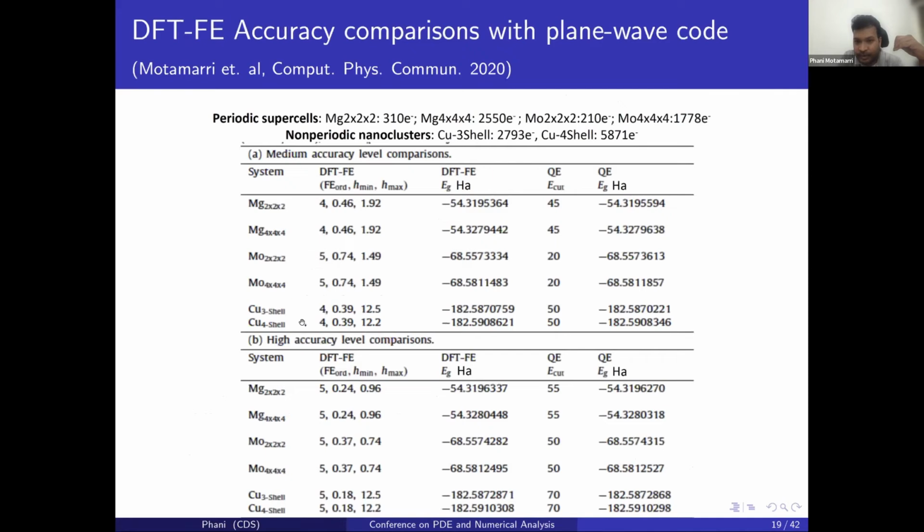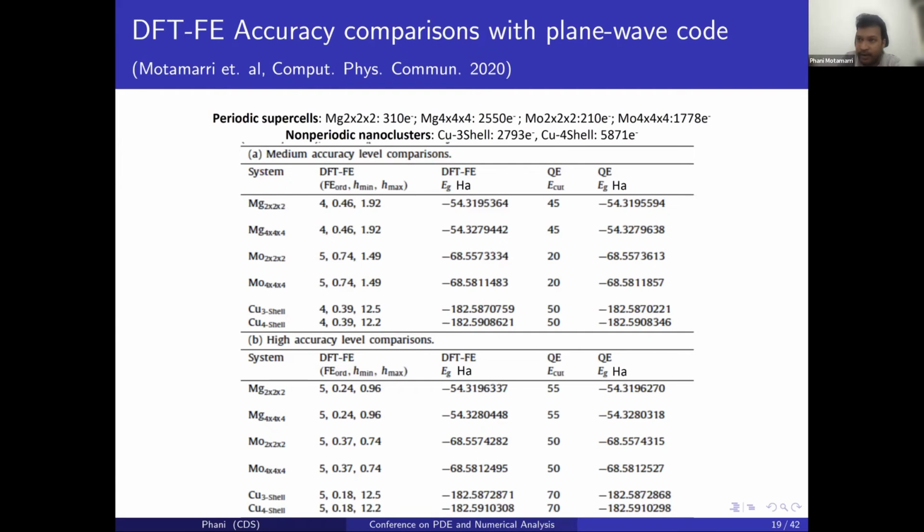So before getting into the implementation aspects of these methods, I'm going to comment upon the accuracies. This is a slide which compares the ground state energies and accuracies with the state-of-the-art codes out there. You take a problem and solve it using your finite element based approach, which I just discussed, and solve the same problem with the existing codes.